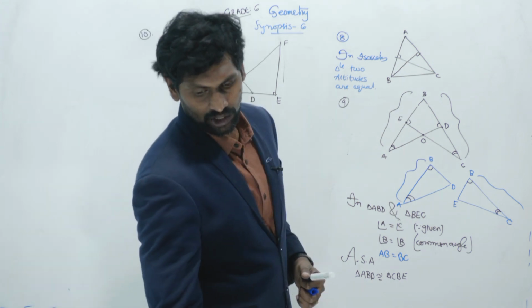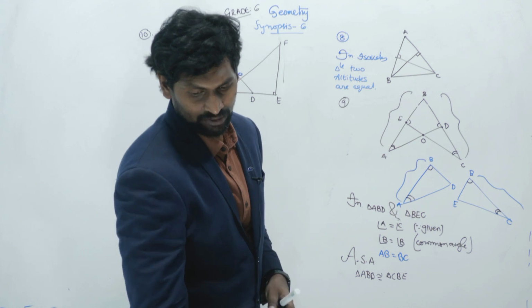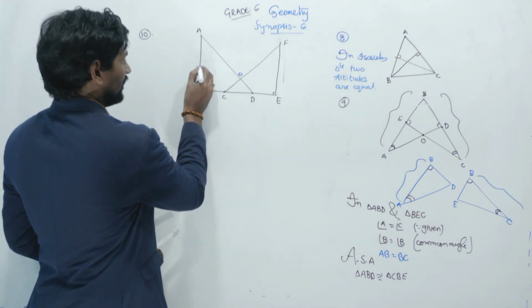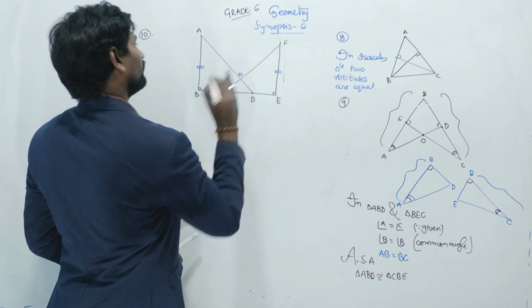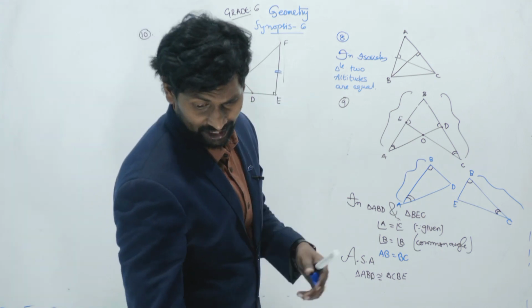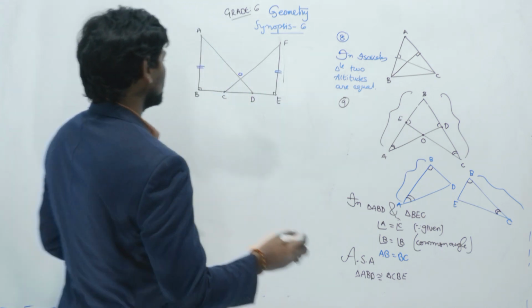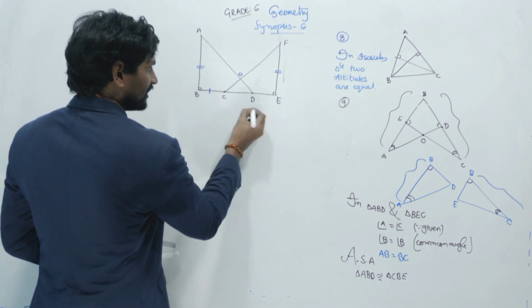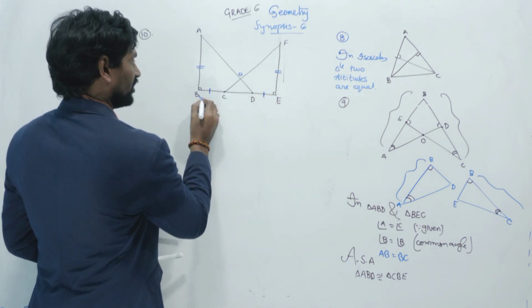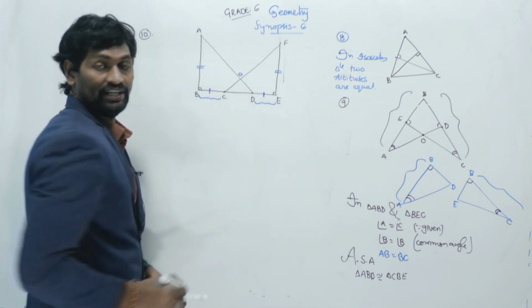Now coming to the question, AB length equals EF length, and the second one, BC length equals DE length. Okay?